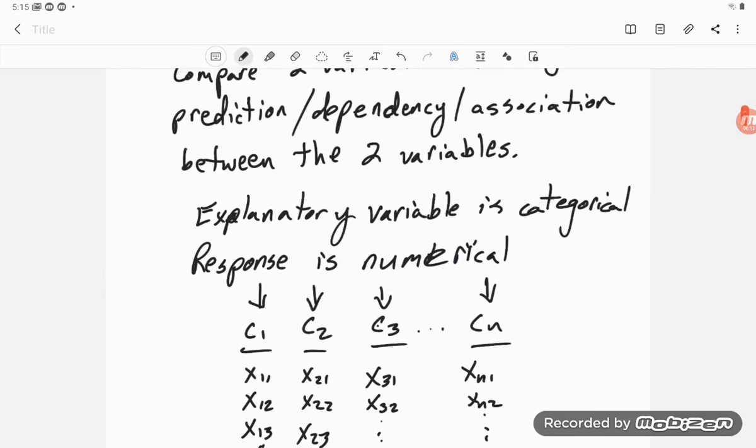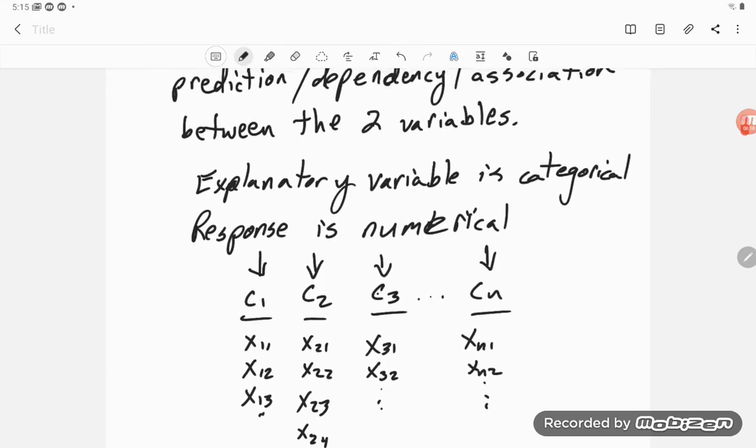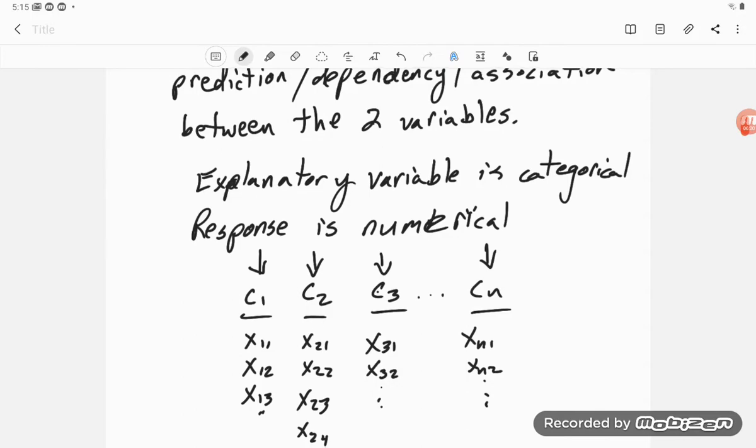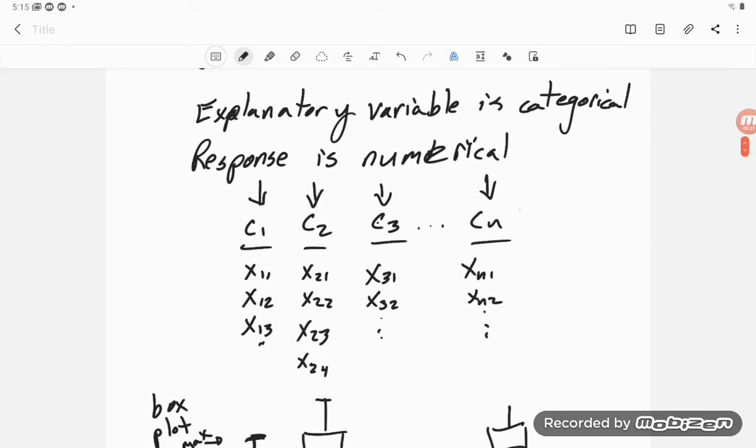Another way to look at it is, are the two variables dependent or independent? I have to be careful with that when I talk about columns. The explanatory variable is these categories. Does it matter what category I'm in?